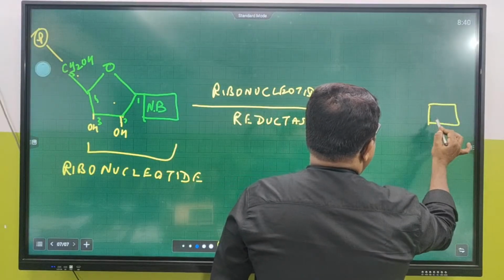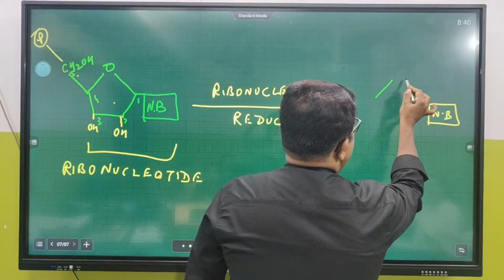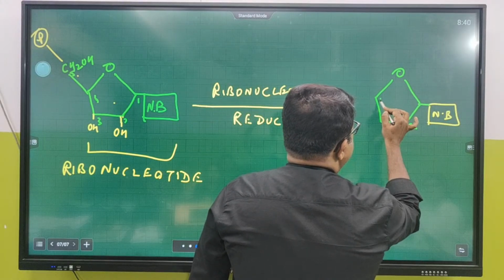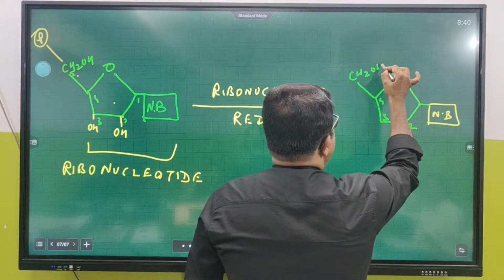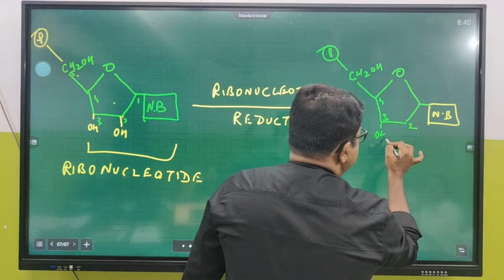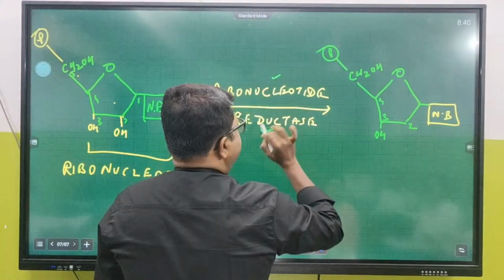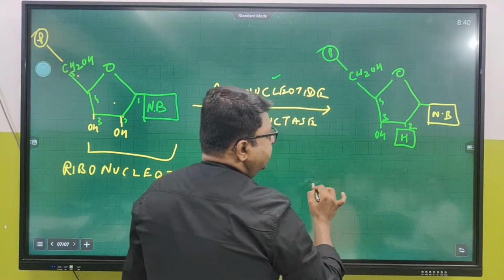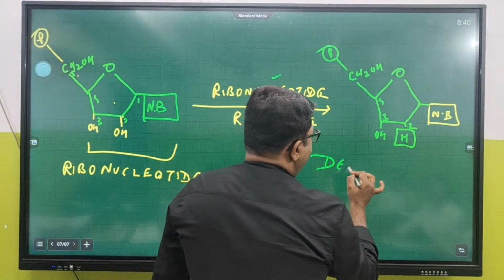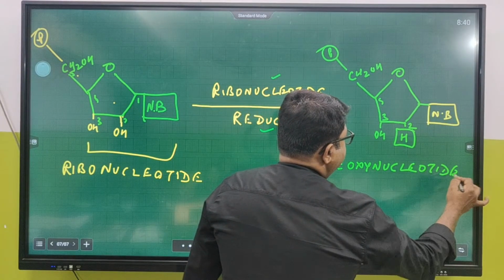This is the nitrogenous base, and this is the pentose sugar, with the second carbon, third carbon, fourth carbon and fifth carbon, CH2OH, and the phosphate. OH is present at the second carbon, and the moment ribonucleotide reductase acts, it changes it into only hydrogen. So this becomes a deoxynucleotide instead of a ribonucleotide. Okay, fine?